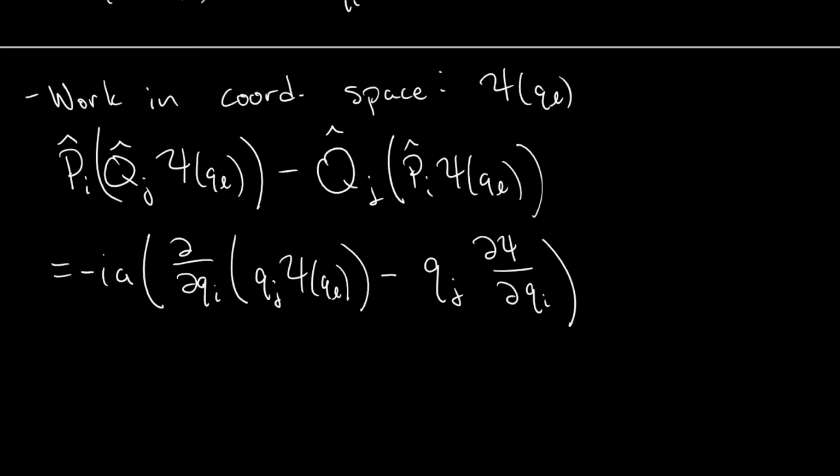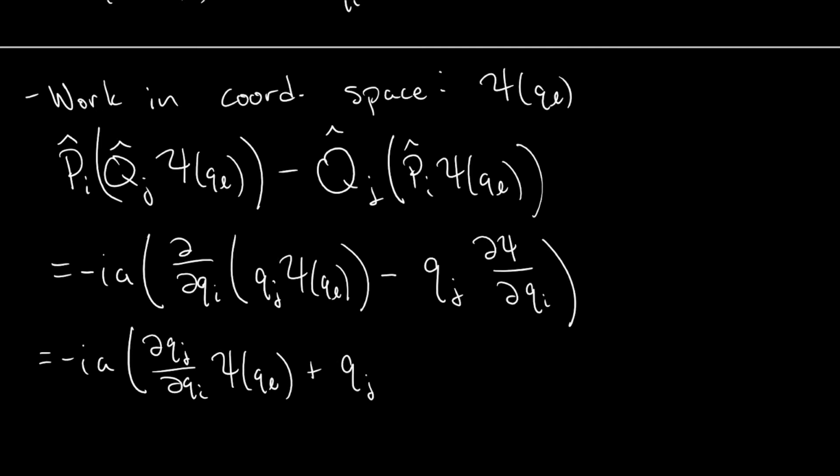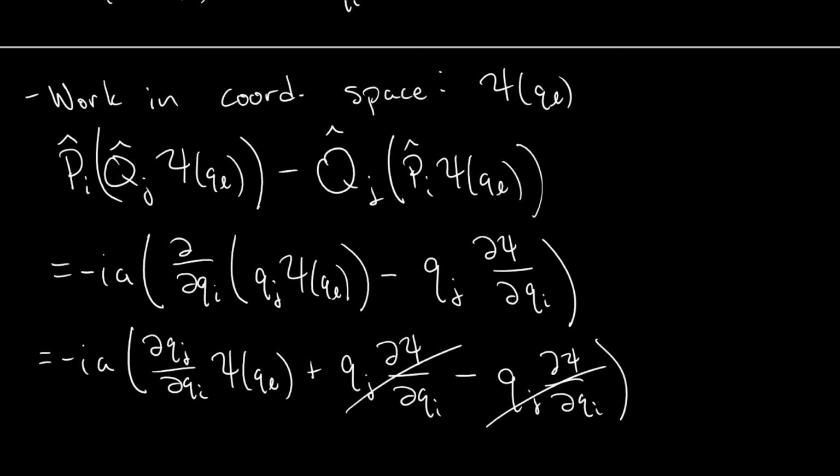If it does matter, then this should give something non-zero. Well, I can expand this first term out to give me i A times d q j dq i psi of q l plus q sub j d psi dq i, minus q sub j d psi dq i. These terms drop out. This guy gives me a Kronecker delta.